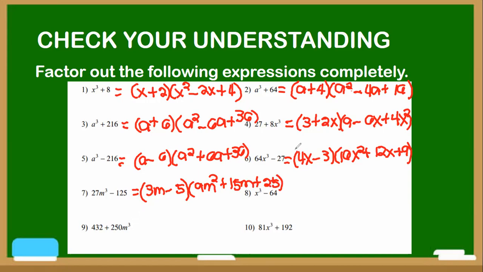Number 8, x cubed minus 64. The factors are x minus 4 multiplied by x squared plus 4x plus 16.